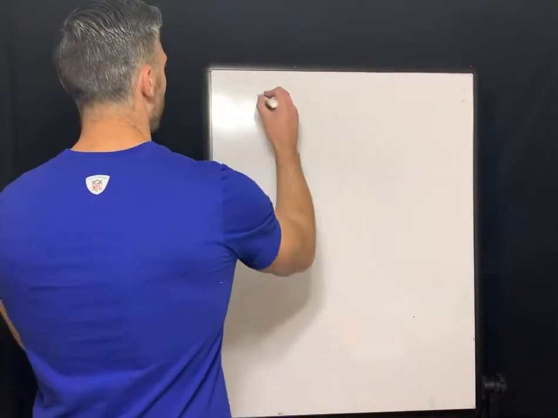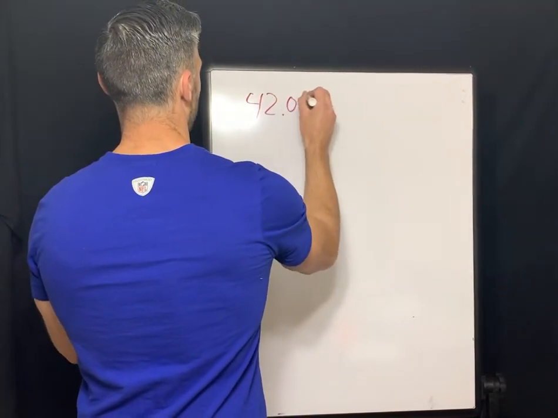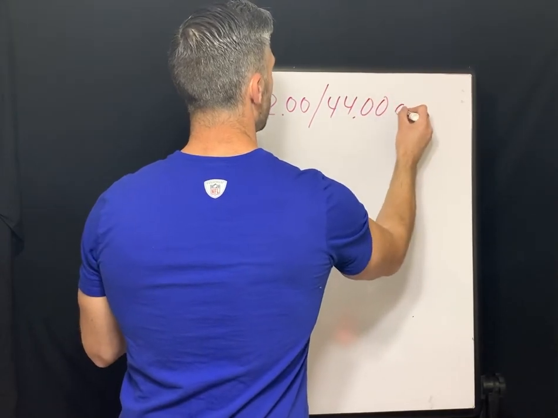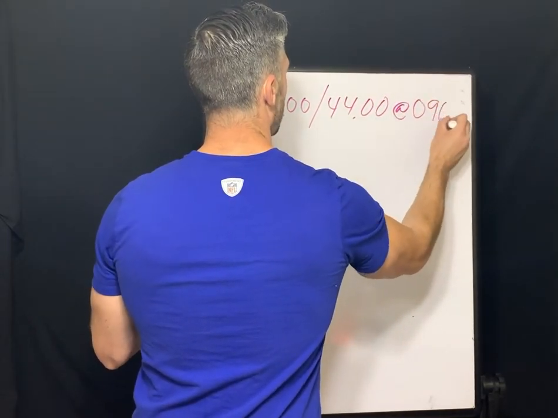First, we want to talk about spherical gas permeable lenses. What's neat with gas permeable lenses is that a spherical lens can correct for astigmatism if it's corneal astigmatism. I'm going to write an example on the board here. Okay, so we have 42/44 at 90.